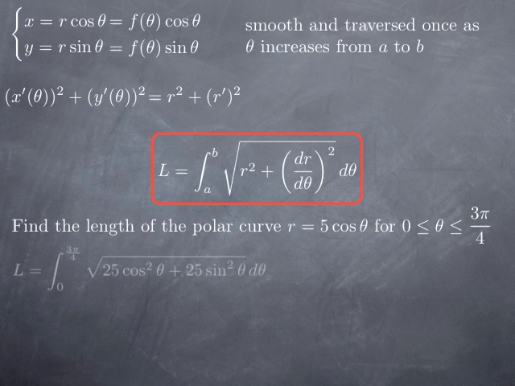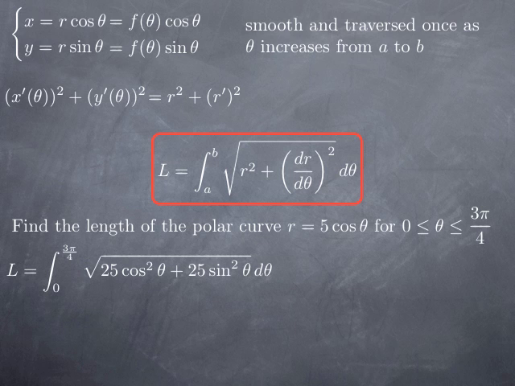so the formula applies. And so the length is the integral from 0 to 3 pi over 4 of r squared, which is 25 cosine square of theta, plus the square of r prime. And r prime is negative 5 sine theta, so we obtain 25 sine square theta.